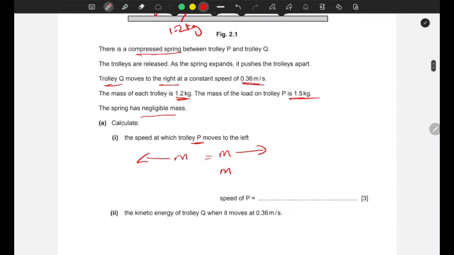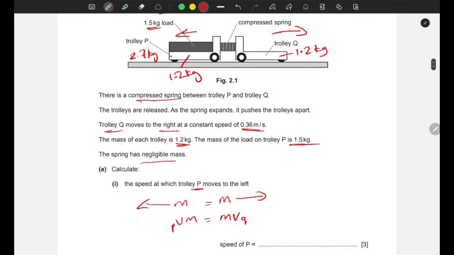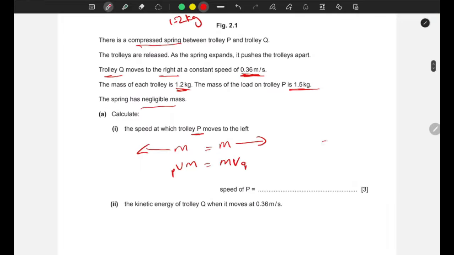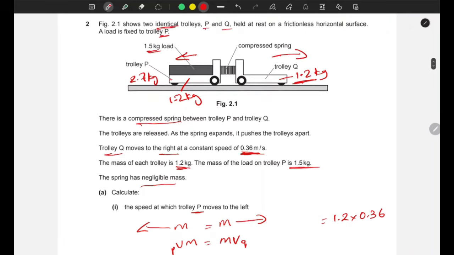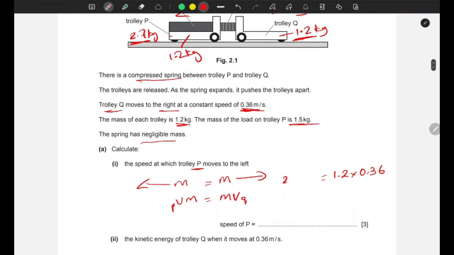So mass times velocity of trolley Q equals mass times velocity of trolley P. The momentum of trolley Q is 1.2, which is the mass, and the speed is 0.36. So it's 1.2 times 0.36. And for trolley P, we know that the total mass is 2.7, so it's 2.7. We don't know the speed, so we can say 2.7v.